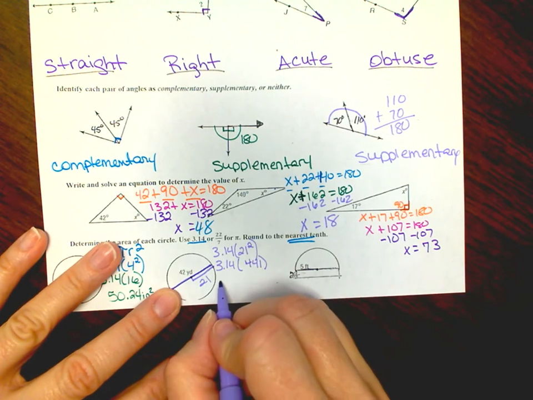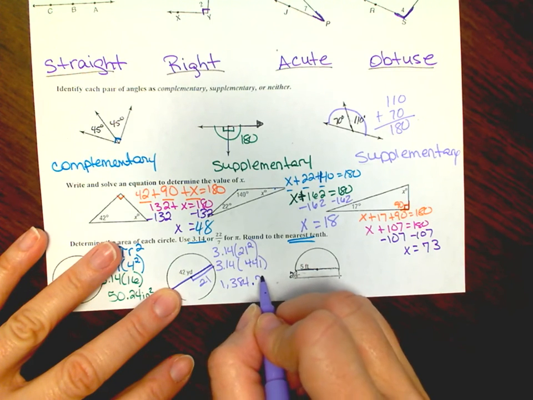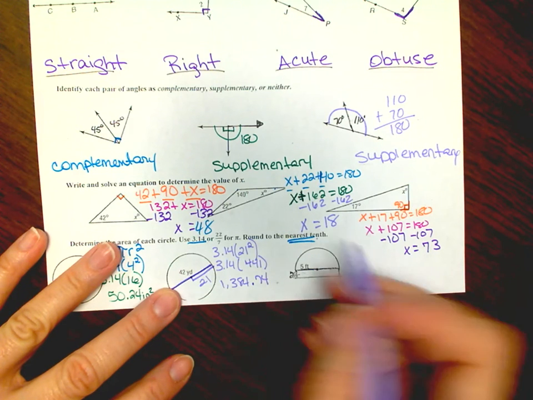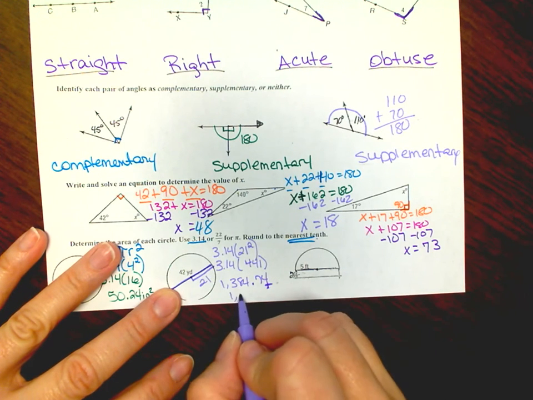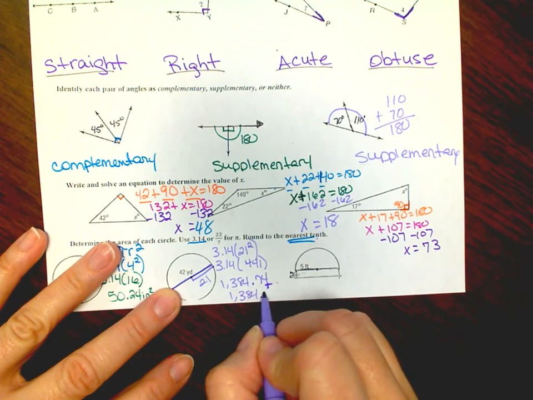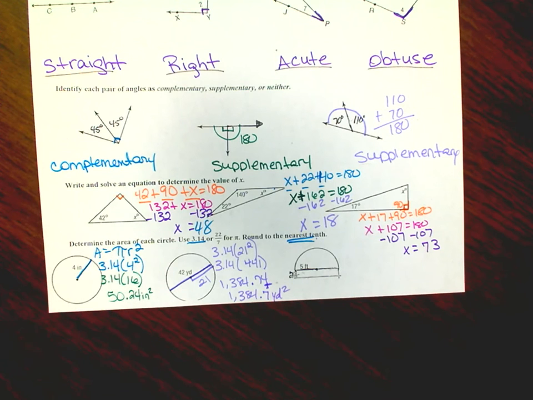When you multiply that out, you should get 1,384.74. Round to the nearest tenth. This one is not going to round up, so it's going to be 1,384.7 yards squared.